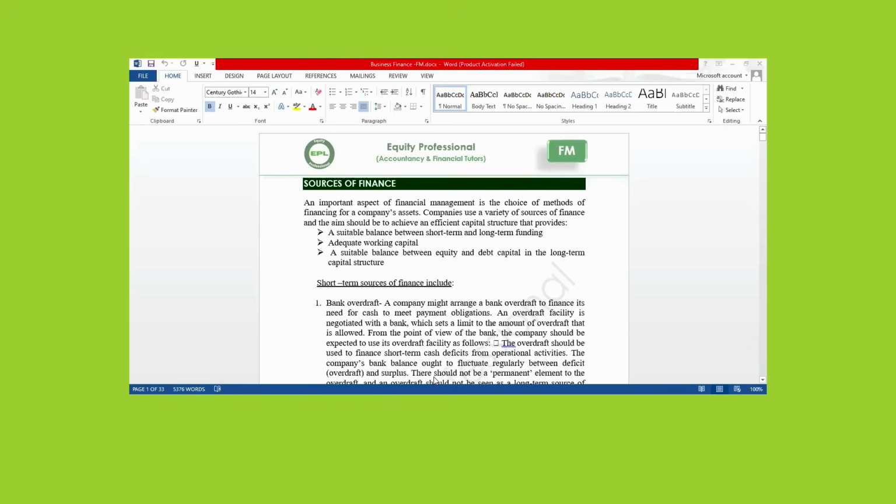I've taken you through capital structure. In capital structure, I never discussed valuation of debt. My second topic is finance sources.